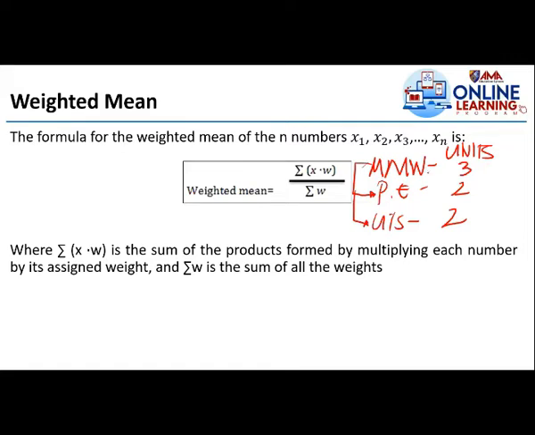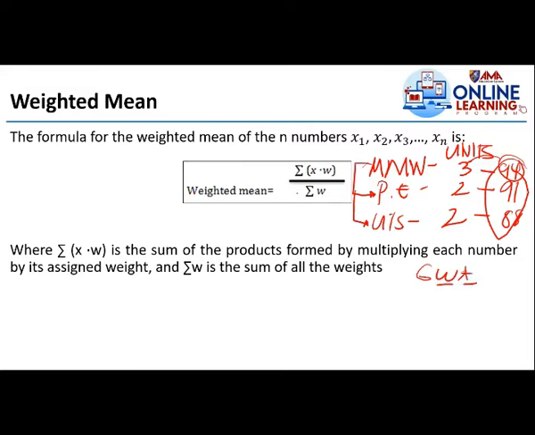So instead of using the arithmetic mean to get your grades, for example, you have a grade in MMW, so your performance is good, let's see, 94. Here in PE, 91. Here in Understanding the Self is 88. Instead of adding these up and dividing by 3 to get the average, in the weighted mean, guys, you first have to multiply each by its weight. That's why in college we have what's called GWA or graded weighted average.